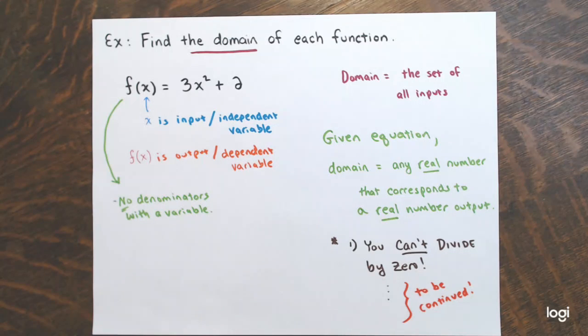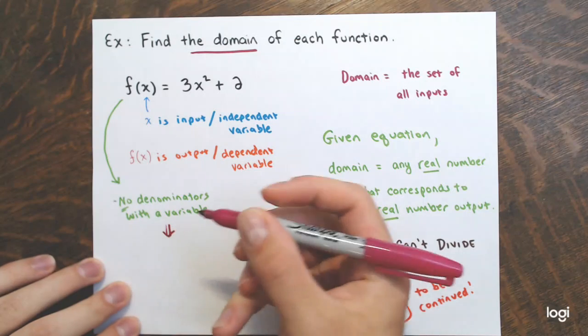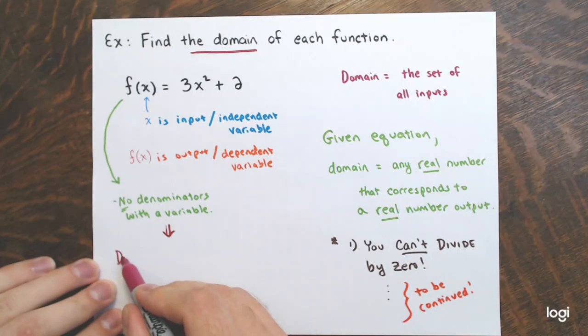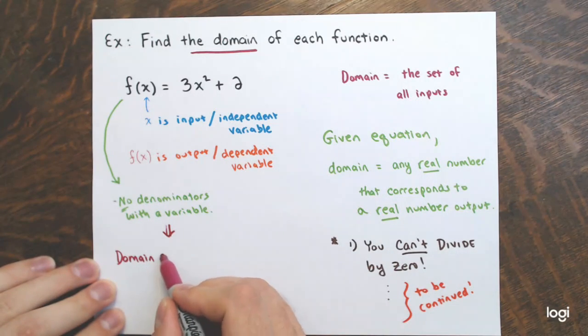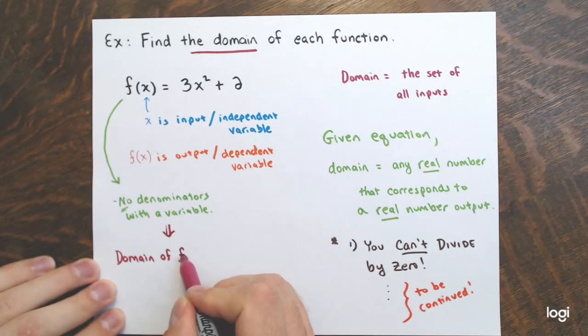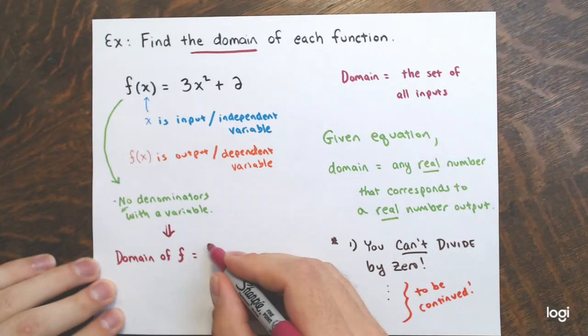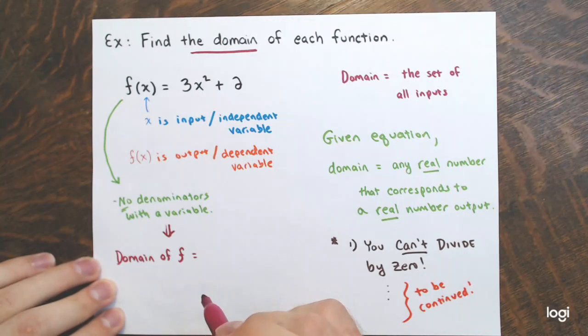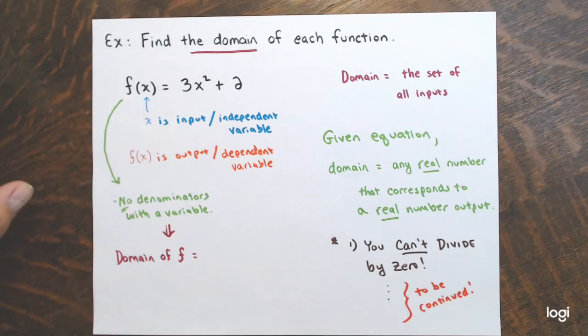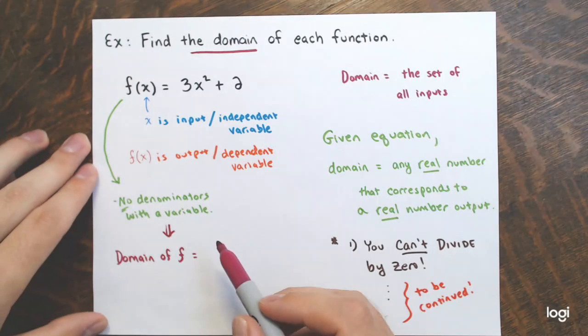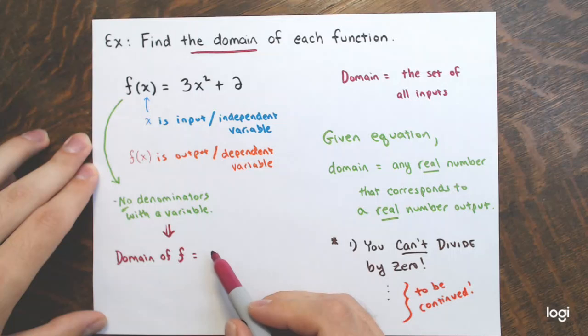So because of this, I will state that the domain of the function called f is, now you can do this a couple of ways. Because the domain has infinitely many numbers in it, it's all real numbers, you might see a couple ways this is expressed.